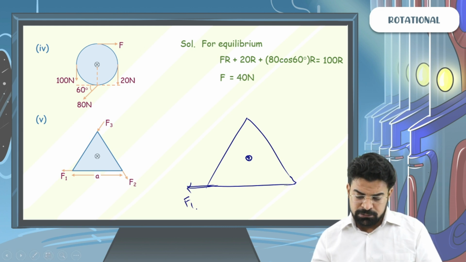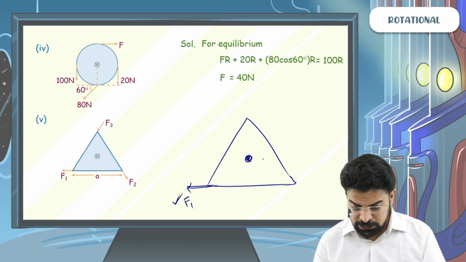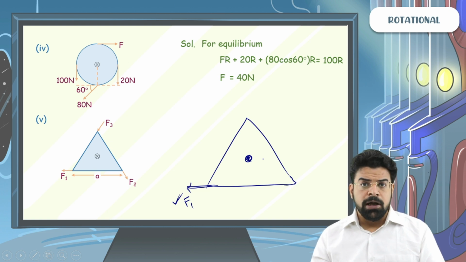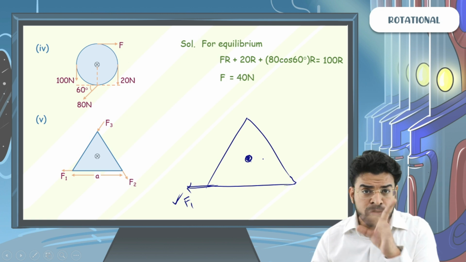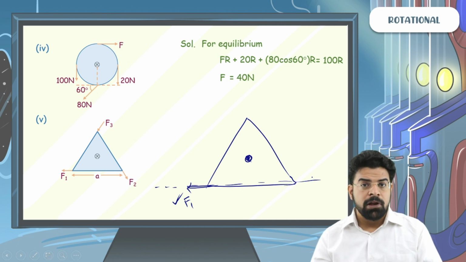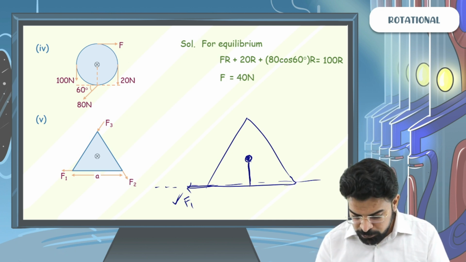Now first you have to answer two questions here. First, what is the torque of this force about the hinge? How to write the torque of this force about the hinge? Sir, torque is force times perpendicular length. Here, extend the line of action of force, drop a perpendicular, and let's call this perpendicular distance t.